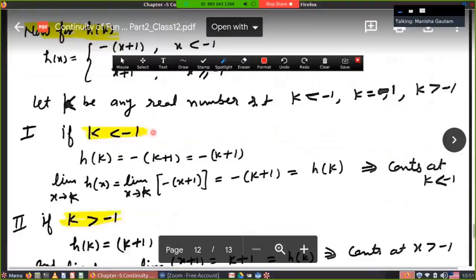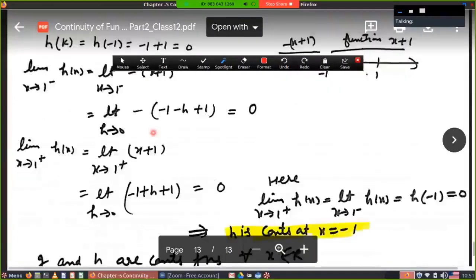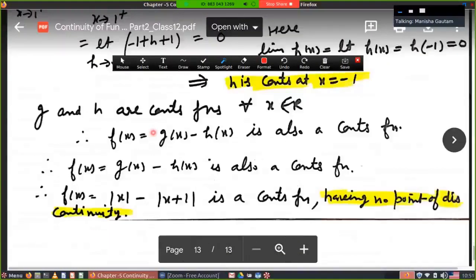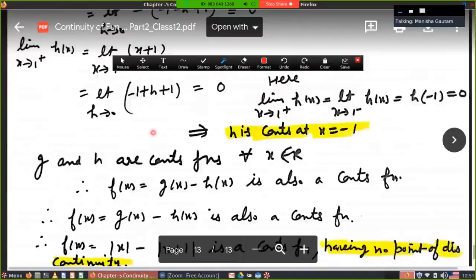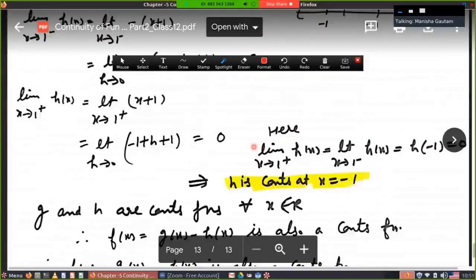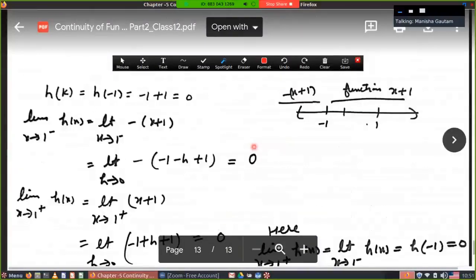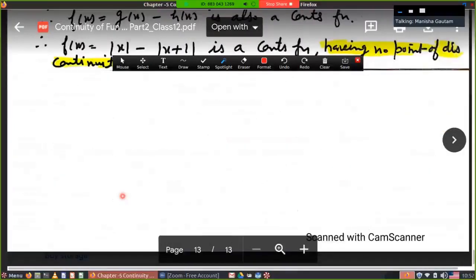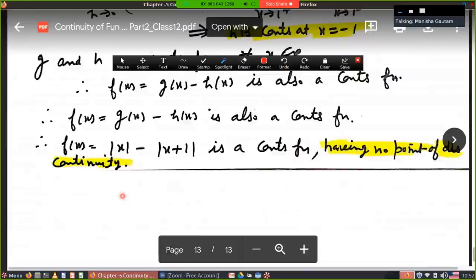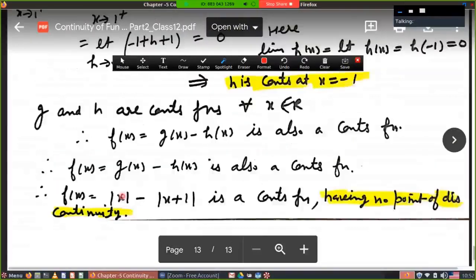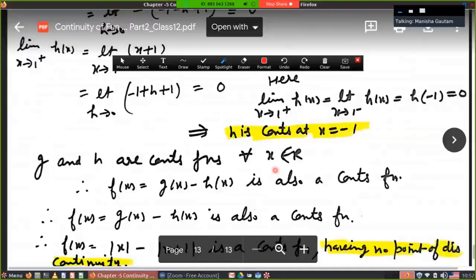The function becomes continuous at x = −1. At that point you have to prove the left limit and the right limit, approaching from the right and from the left. Both cases you have to solve. We have discussed all these things in 11th class also, left and right limits. Now h is continuous at x = −1.